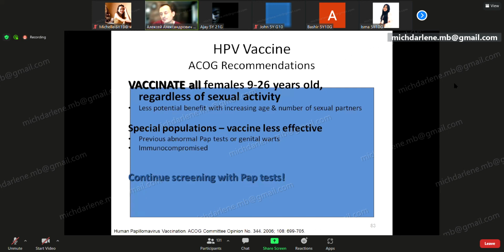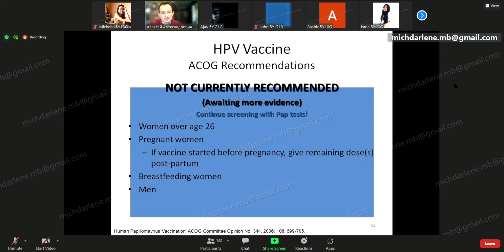Somewhere we got bad results in the older vaccination group, somewhere good results. Women after 26 we can't recommend. Pregnant and breastfeeding women, of course, we can't recommend.